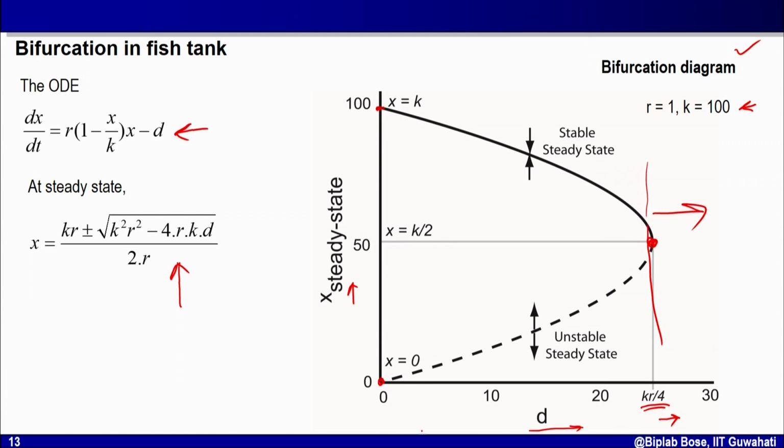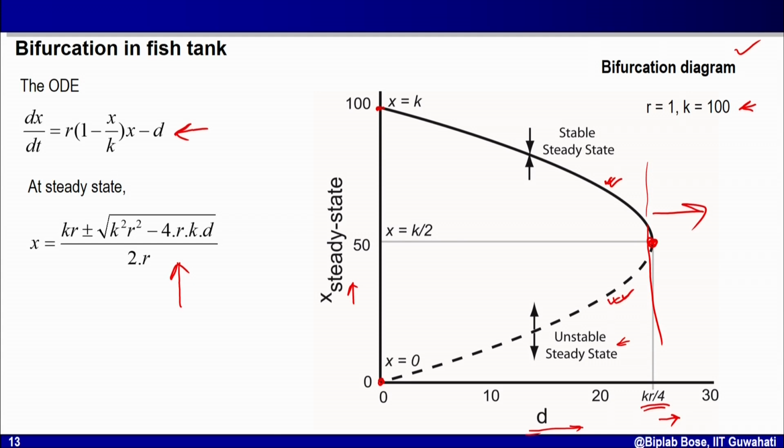In between, from 0 to kr by 4, I have two possible steady states for each value of d as shown by these smooth curves, and the upper steady states are all stable, and the steady states in the lower curve are all unstable, and that's why the lower curve is shown as a dotted line.